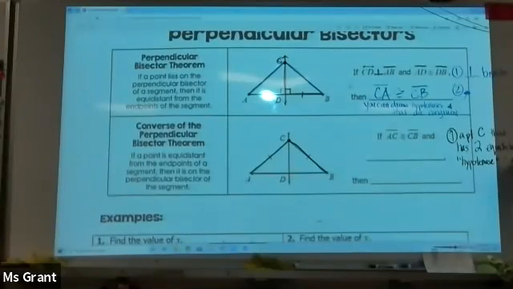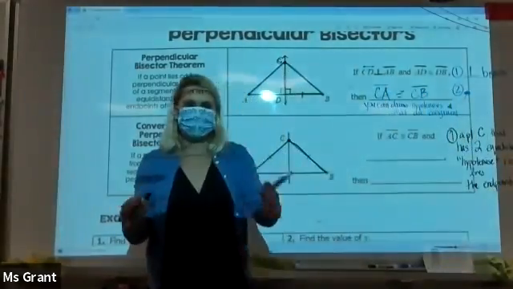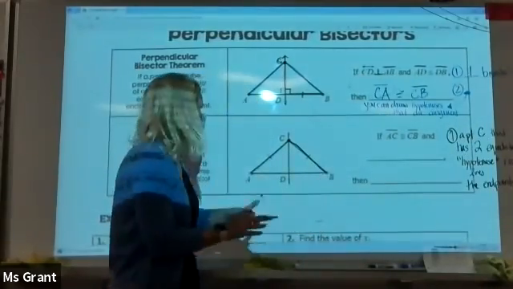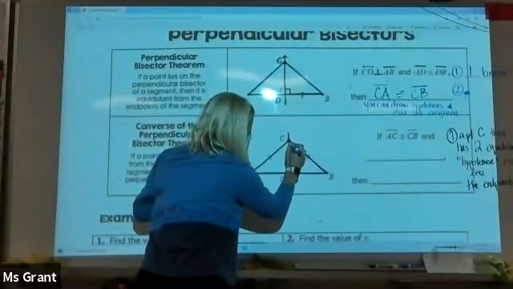Two lines equidistant from the endpoints. So in the converse, I'm told, hey, there's these two lines that are equidistant from the endpoints of a perpendicular bisector.